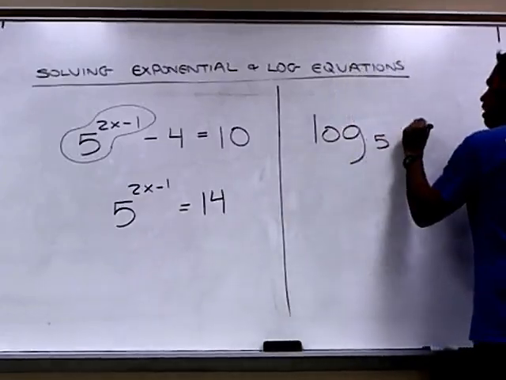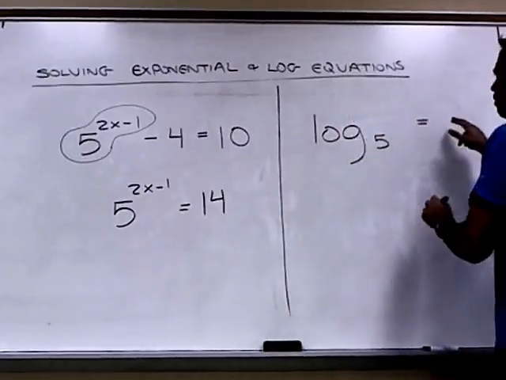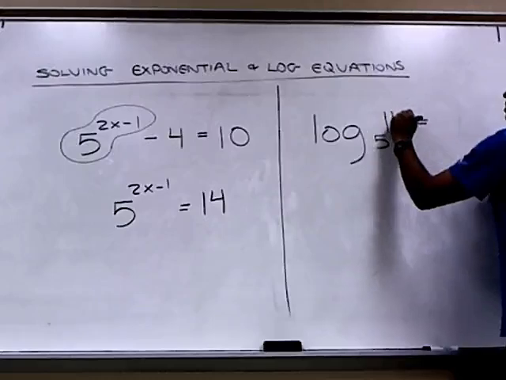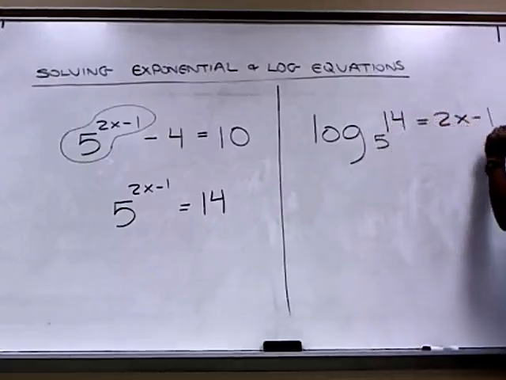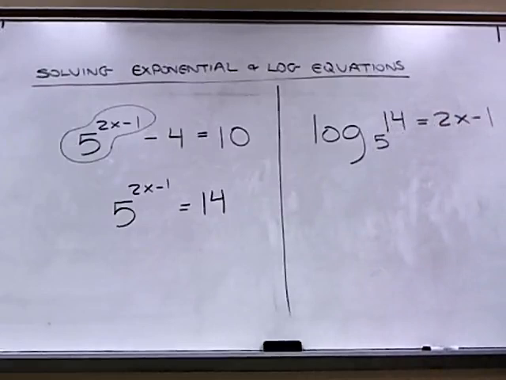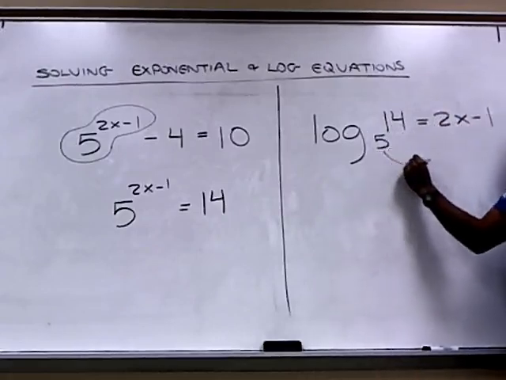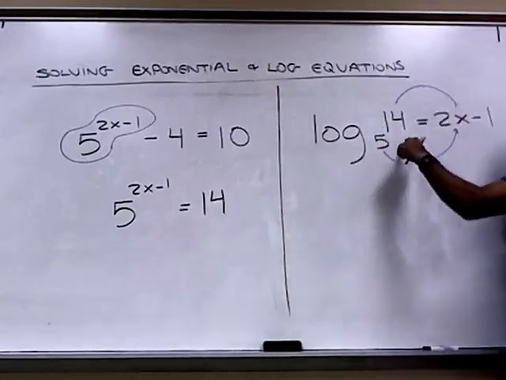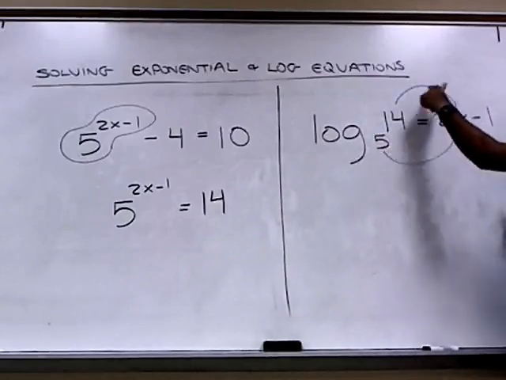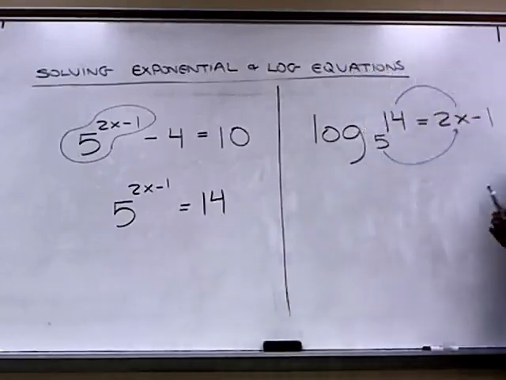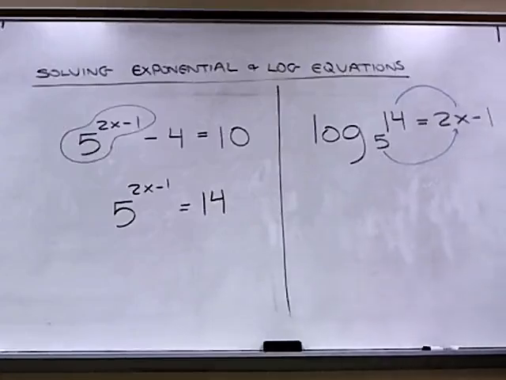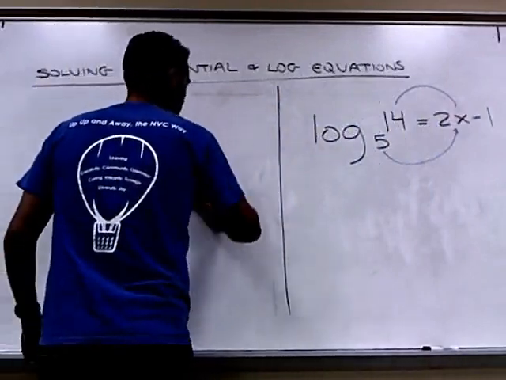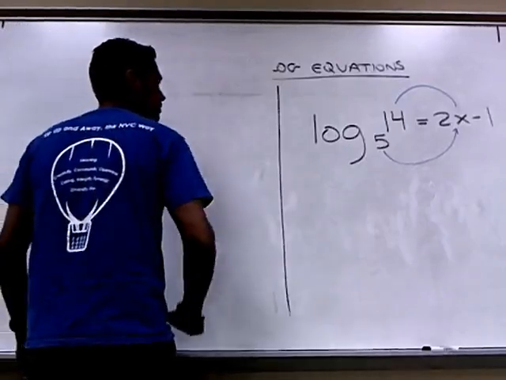And then what would go here and what would go on the other side of the equal? 14 goes here, and then 2x minus 1 over here. Now how can I check to see if I wrote that correctly? Do the loop real quick. Is that loop going to give you back this? Is 5 raised to that equal to 14? Is that what I had over here? Yes? So I have written that down correctly. What have I done, ladies and gentlemen? Look at your x.